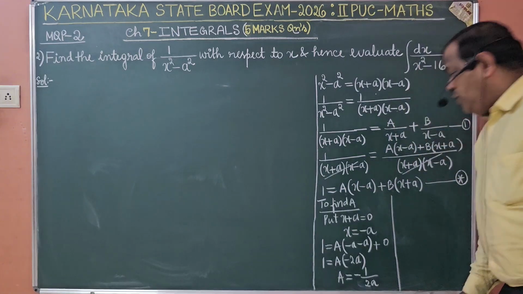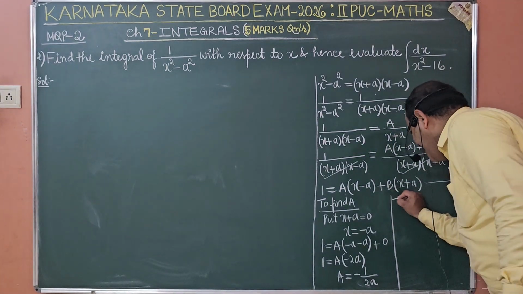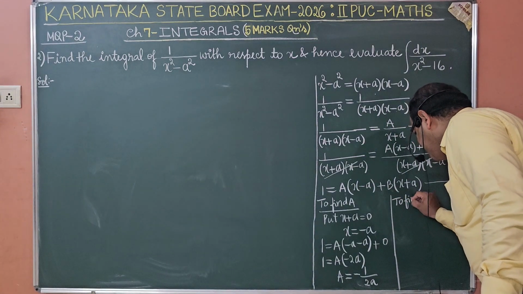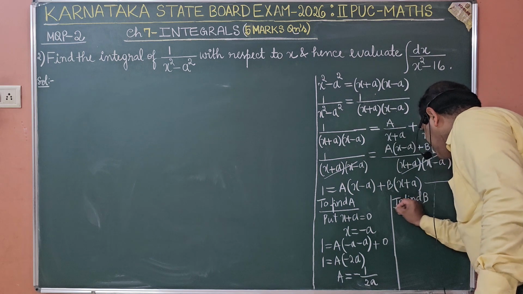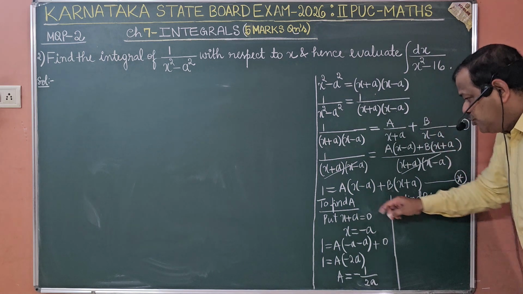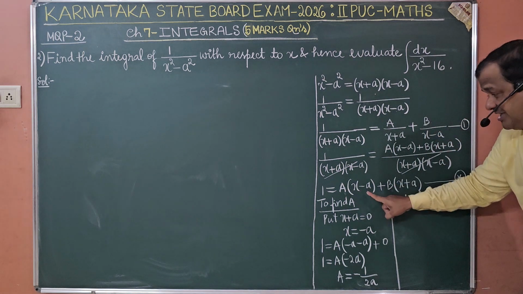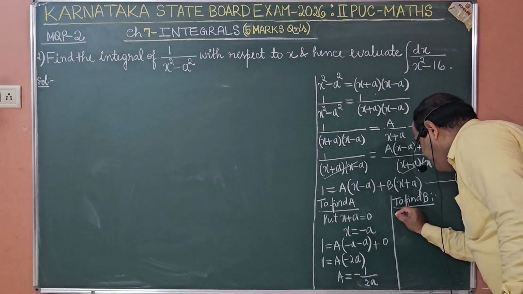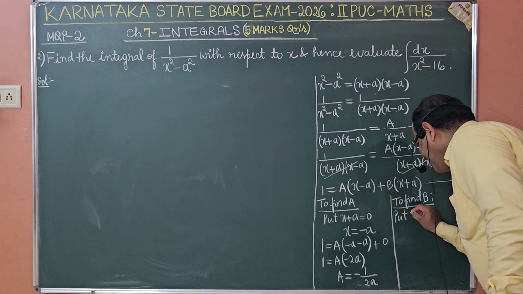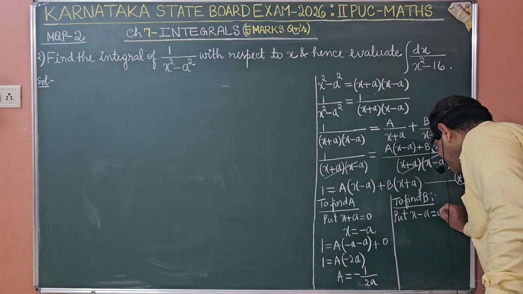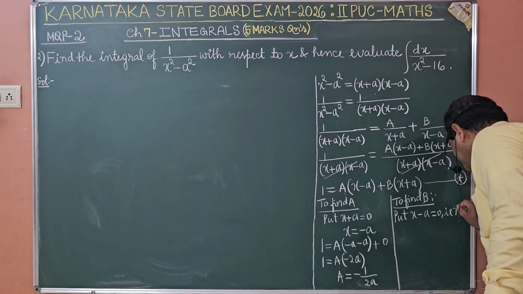Now I will teach you how to find unknown capital B here. To find unknown B, you make the coefficient of capital A 0. That is, put x minus a equal to 0, that is, x is plus a.